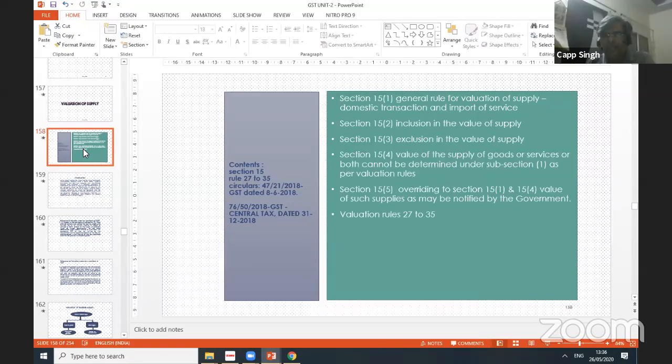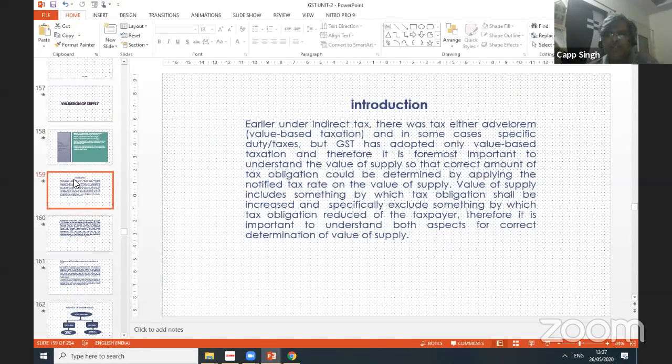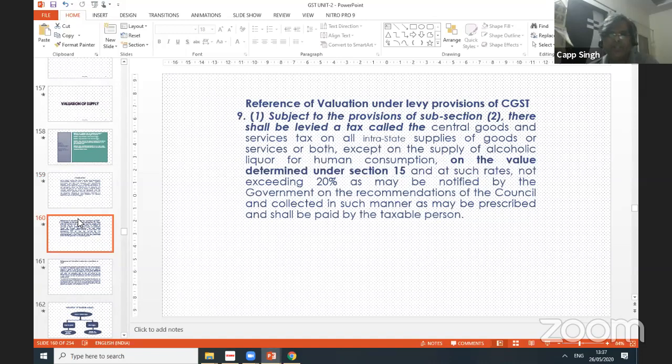So now the important point is how to value the supply. Section 15 has a specific provision for that. Section 15 has 5 subsections: 15(1), (2), (3), (4) and (5). Now we will discuss how the valuation rule works in this supply mechanism.